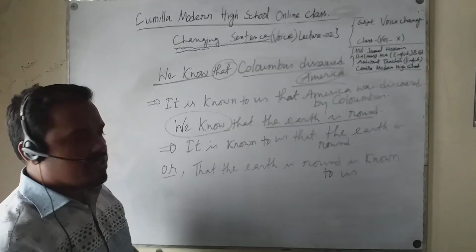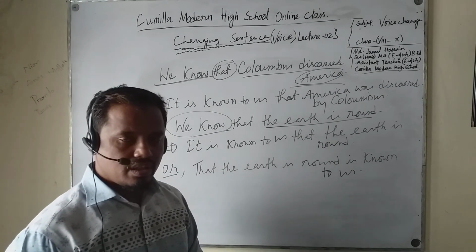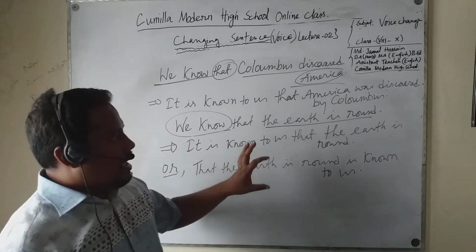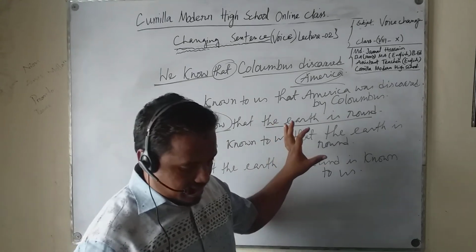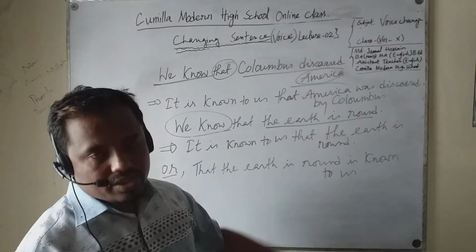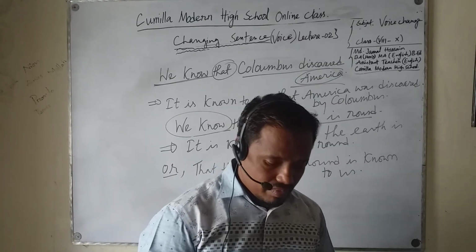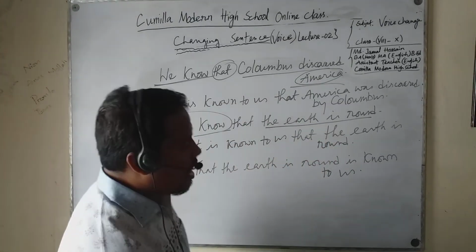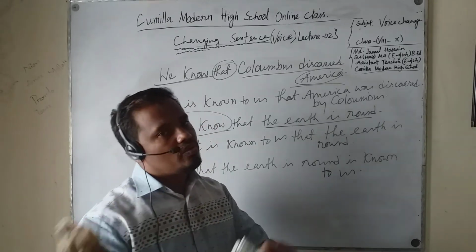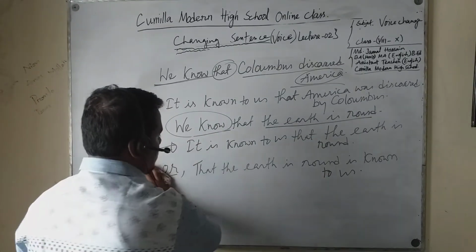That the earth is round is known to us. Okay. I think if you're given a complex sentence like this or that, you will be able to transform it into passive. Now I'd like to discuss very briefly about how to transform the passive sentence into active sentence.